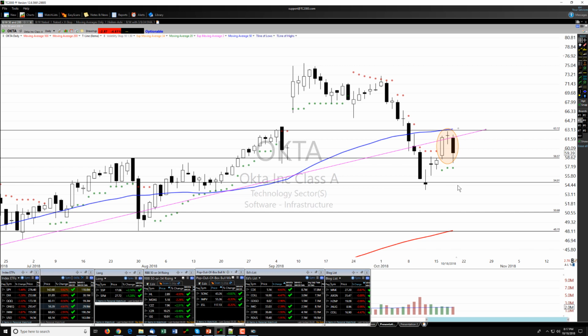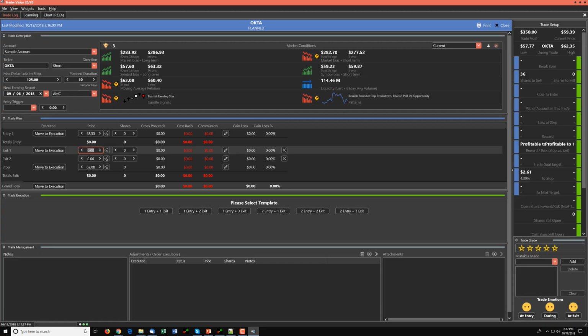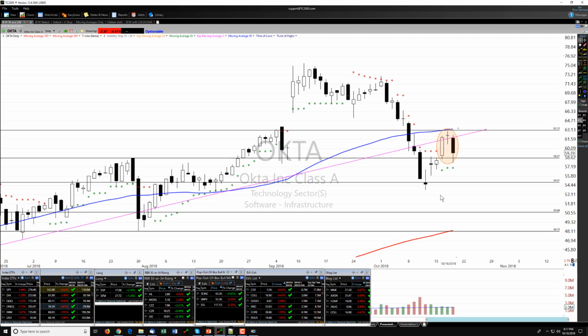First target down here, 54.90, and the second target down here at 50.70. 54.90. 50.70. I don't know if we should get a third target here or not. We might get a third target down to 48.25.